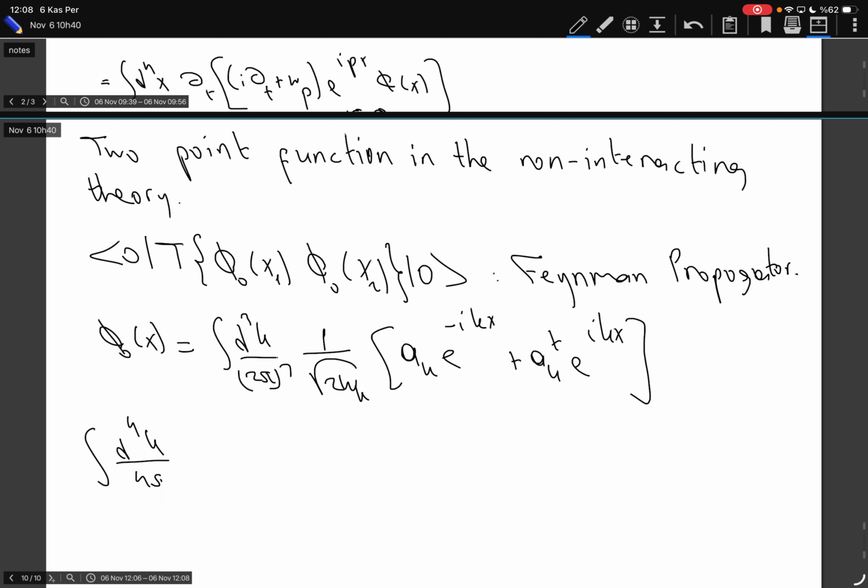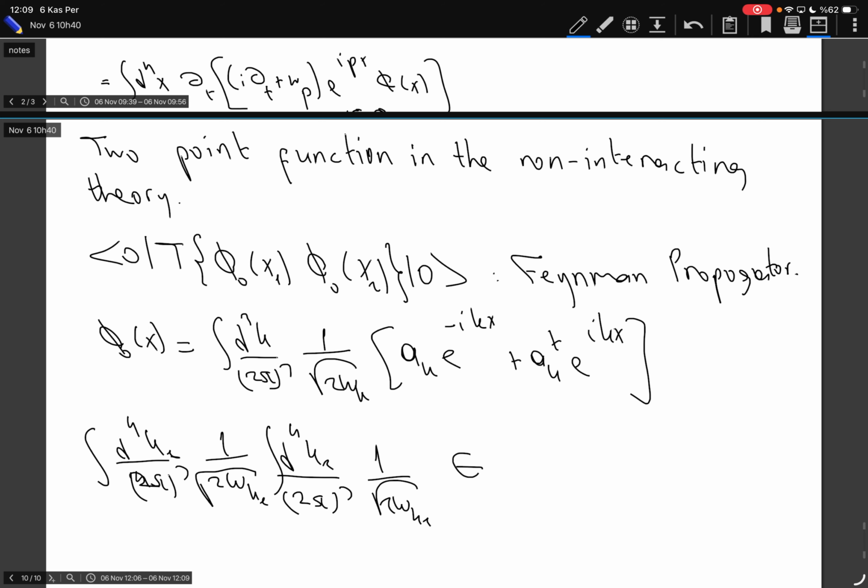d cubed k1 divided by (2 pi) cubed, 1 over square root of 2 omega k1, d cubed k2 divided by (2 pi) cubed, 1 over square root of 2 omega k2, theta of x1 0 minus x2 0.